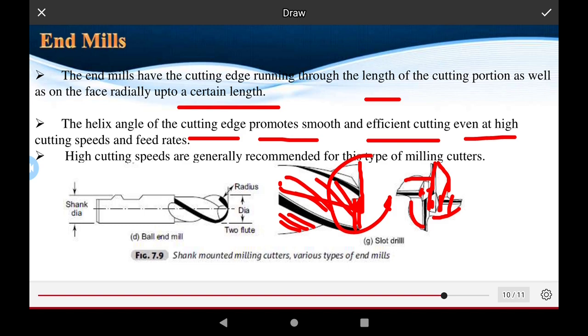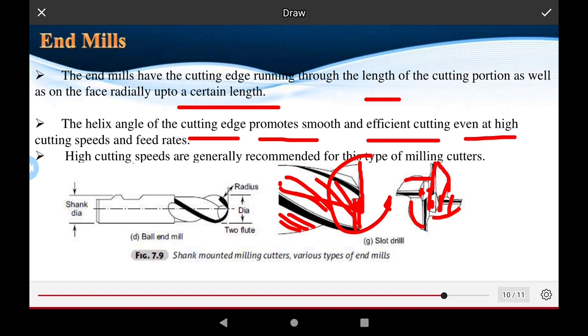Okay, and in these types of milling cutter the speed is very high, and the power requirement is very high. Okay, the tool performs the manufacturing operation on one face, two faces, and some very hard work is performed on the workpiece by the tool.